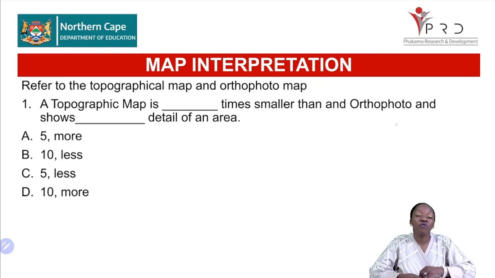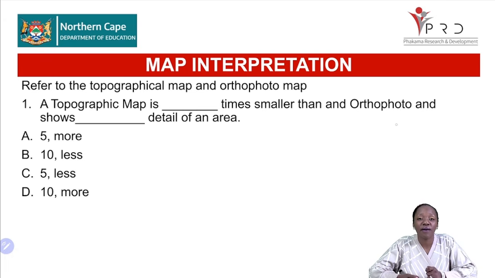I'm going to give you 2 minutes so you can make your combination. Remember, we are looking at how small the topographic map is compared to the orthophoto, and what the details in that area are. So your 2 minutes start now.